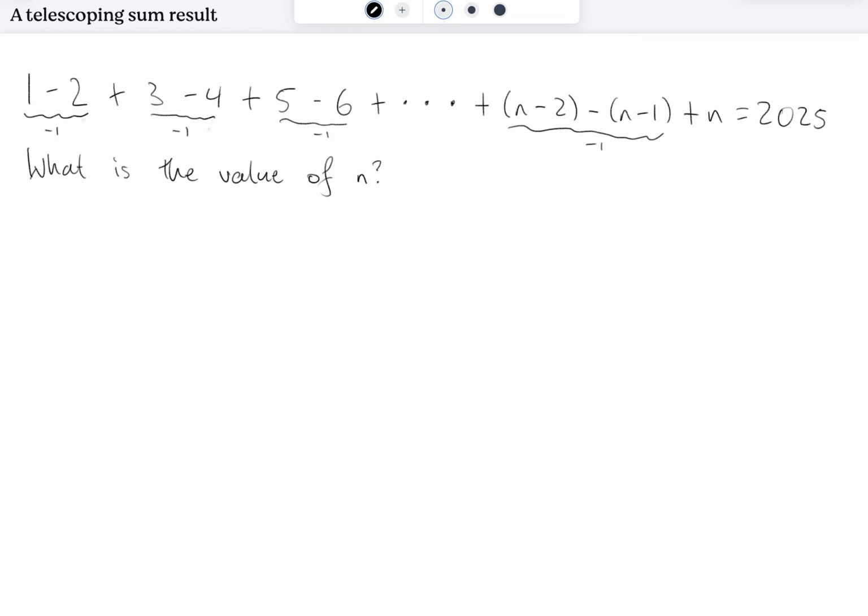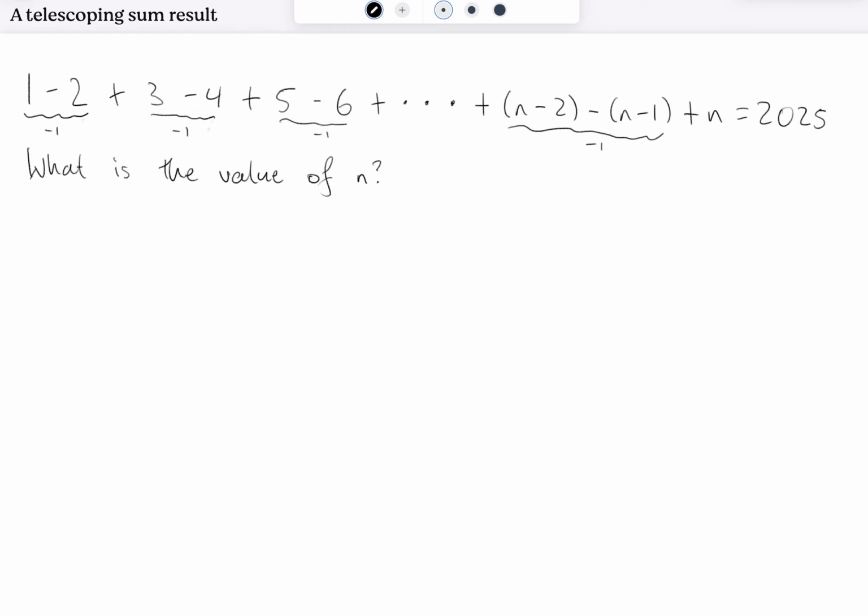If we know that, it should be easy to figure out what we have to then add to give 2025. So I'm alluding to forming some sort of algebraic expression in order to solve for this value of n. So let's go through the pattern.